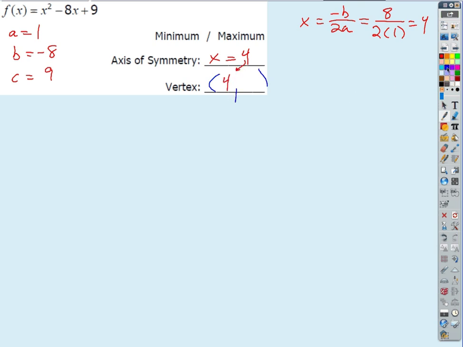To find the y coordinate, what would I do? Plug it in. So I'm doing f of 4 equals 4 squared minus 8 times 4 plus 9. What's 4 squared?